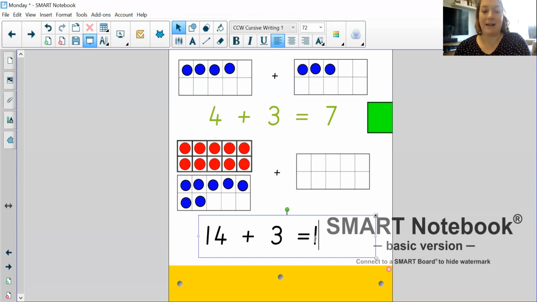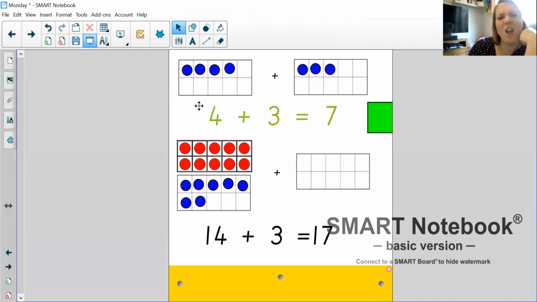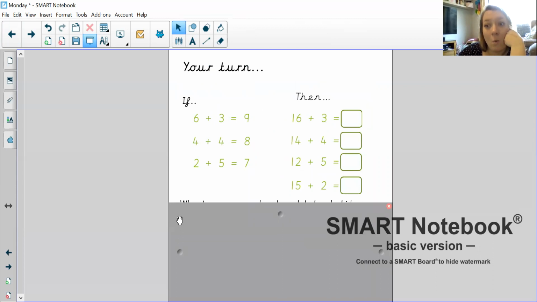Hang on a minute. 4 add 3 equals 7. And then we added a 10 into the question. And now we've got a 10 at the end, but the same amount of ones. That's very interesting. With that in mind, can you have a go at these questions and then put a picture of them on Tapestry for me?